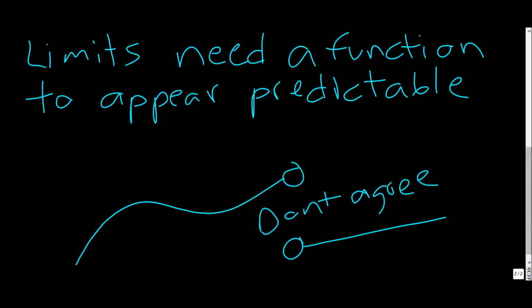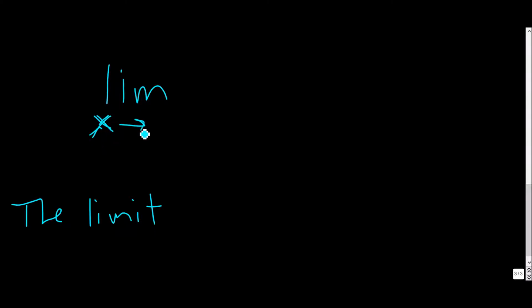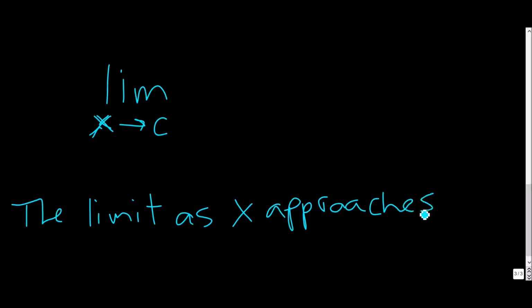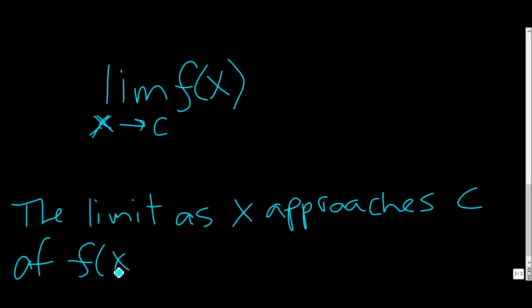Now, how do we read these? A limit works like this. We're going to say the limit as x approaches c of f of x is L. So it's going to be some number.